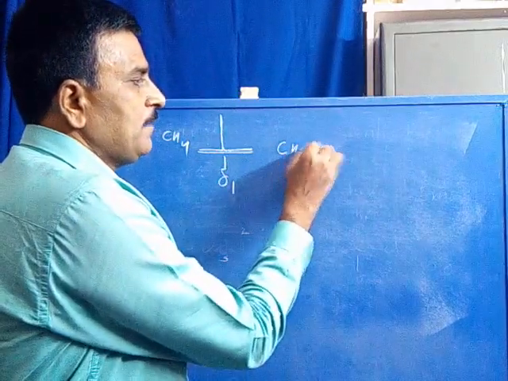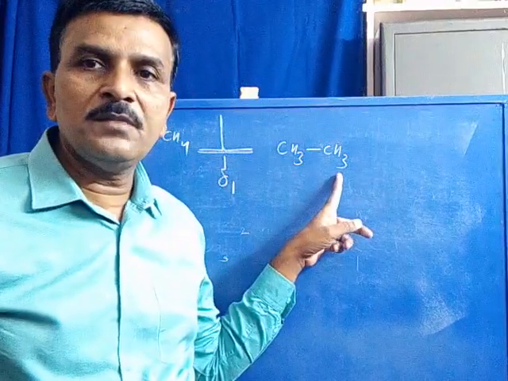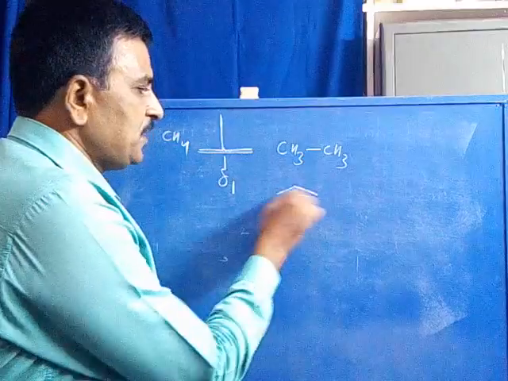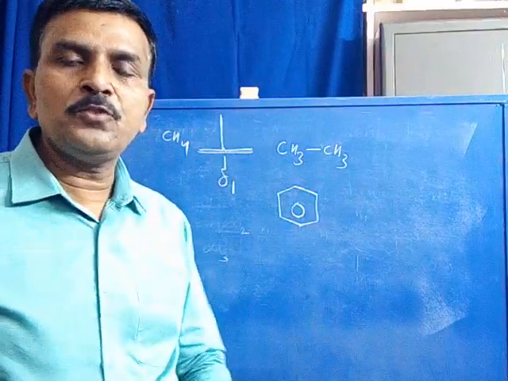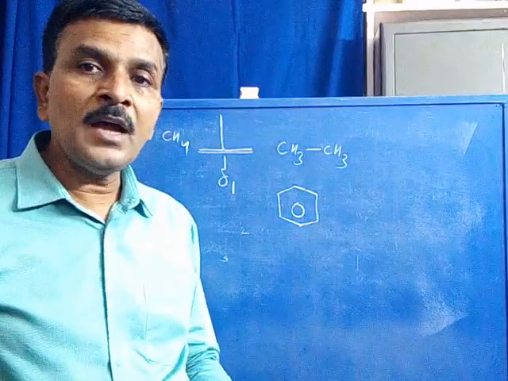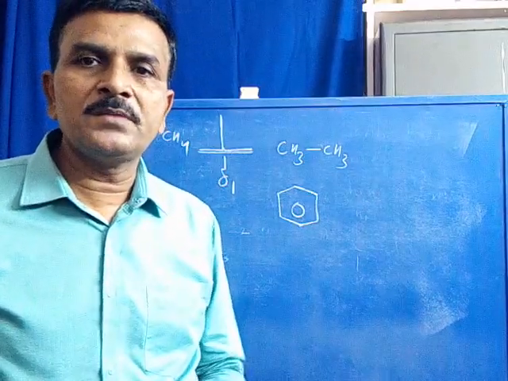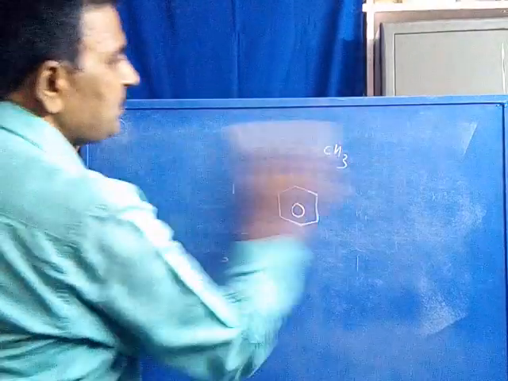Similarly, ethane: all 6 protons are equivalent, so one signal appears. Similarly, benzene: all 6 protons are equivalent, therefore one signal appears. So equivalent protons always appear with only one signal. This is the first type of protons in a molecule.